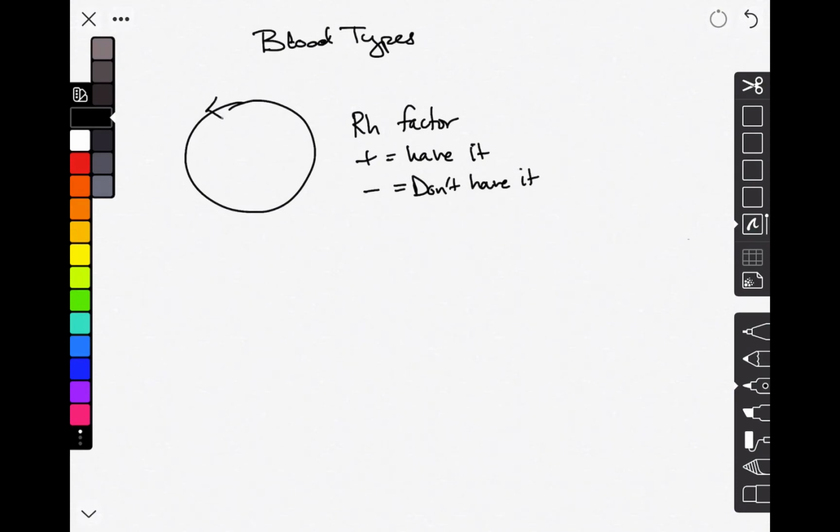So in this case, I'm going to put the antigens on the surface of this blood cell, and these would be in addition to whatever antigens it has from type. And since this person has it, and we'll say in this case they don't have any others, this would be blood that is O positive.